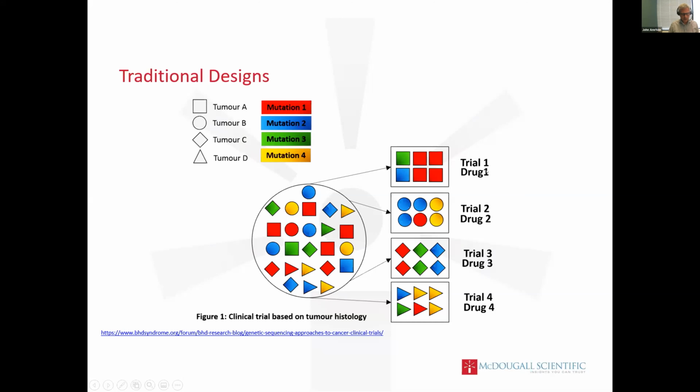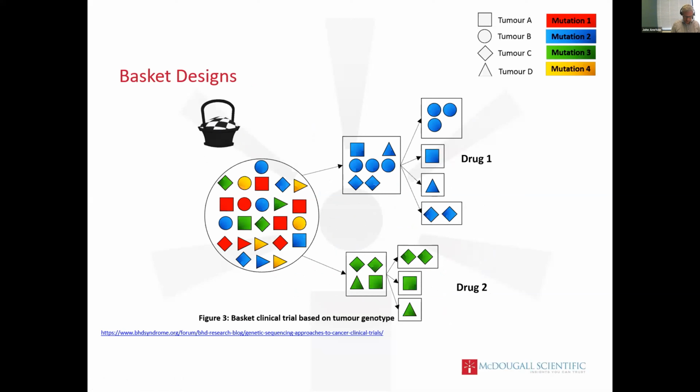So even if one of our clients had the same drug, but they wanted to study 4 different cancers, in traditional design, that means 4 different studies. A basket trial takes a different look at this.